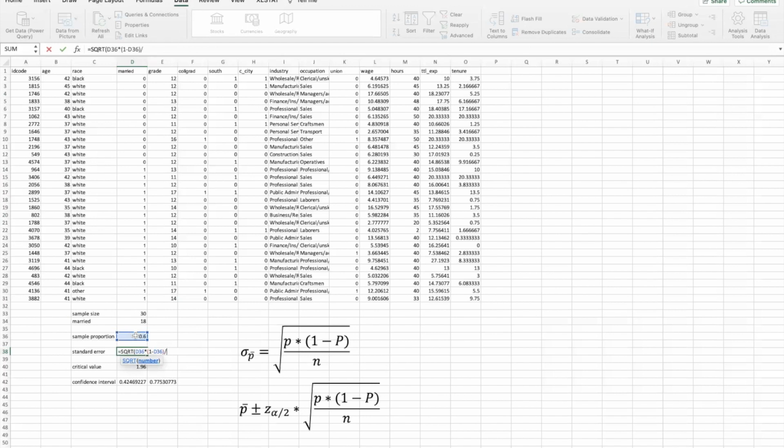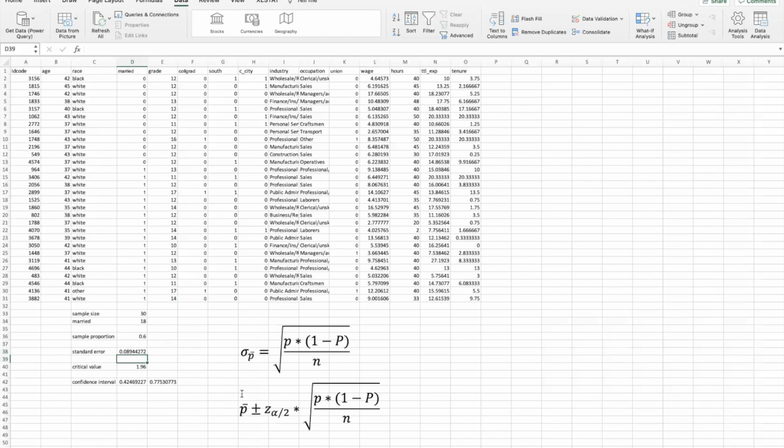And then we need to divide this by the sample size. N represents the sample size. And then we need to hit the right parenthesis. After this, we just finish the standard error, and then we can hit enter. So we get the standard error.